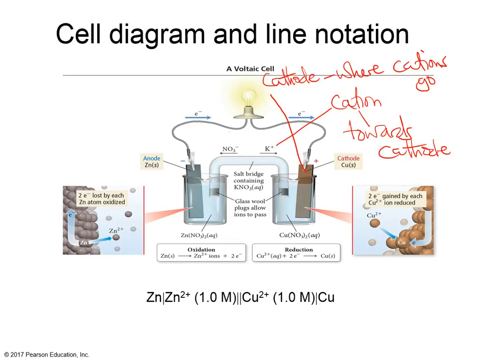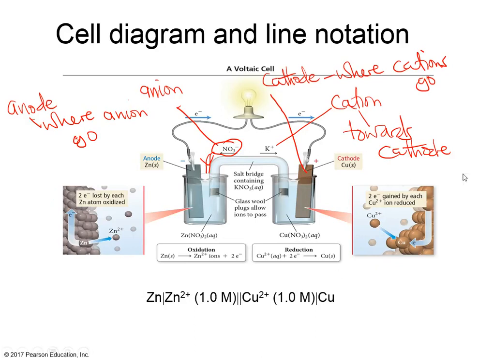So the term cathode is coming from cation. Now if you look at the nitrate here, the nitrate is approaching where the anode is. Because the nitrate is an anion, so an anion goes to anode. So anode is where anions go. So that's where the names cathode and anode come from.